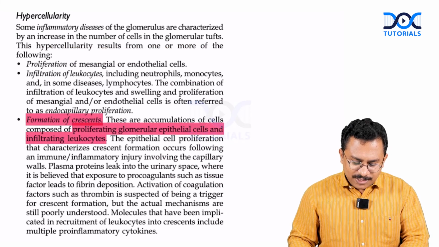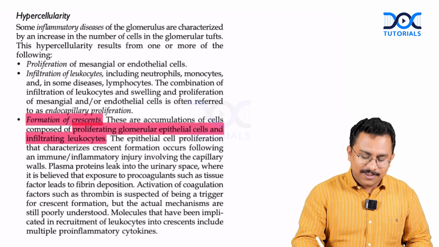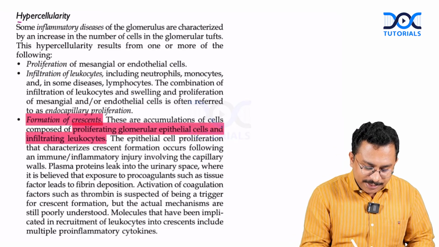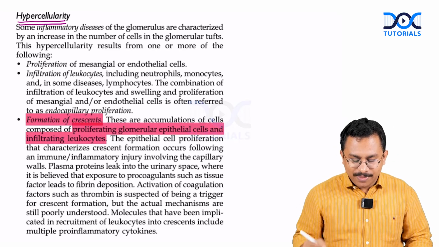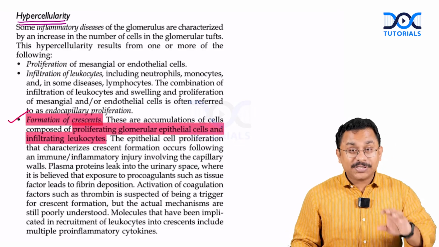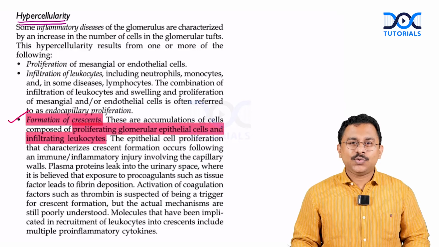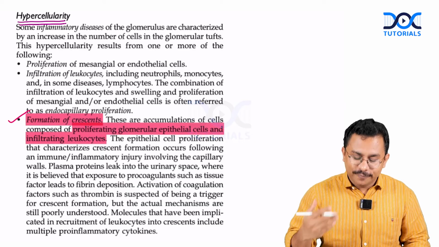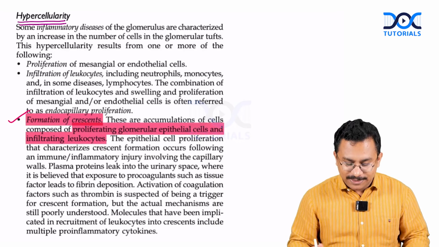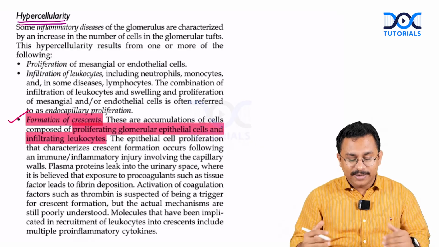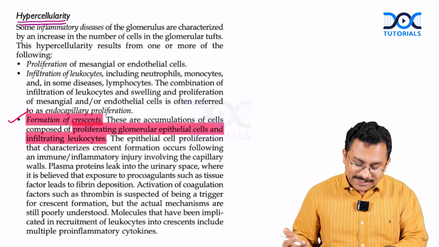In many conditions of glomerulonephritis you get hypercellularity. In Robbins they mention the formation of crescents, mostly associated with an aggressive clinical picture where you get proliferating cells in the parietal epithelium. So there are proliferating glomerular epithelial cells and infiltrating leukocytes, which are known as crescents.